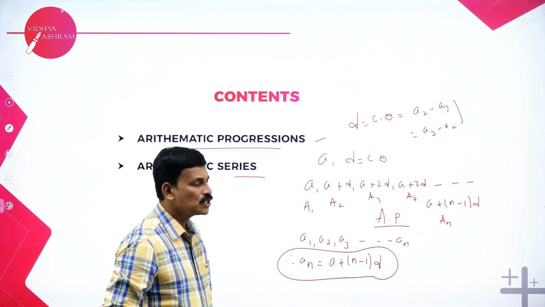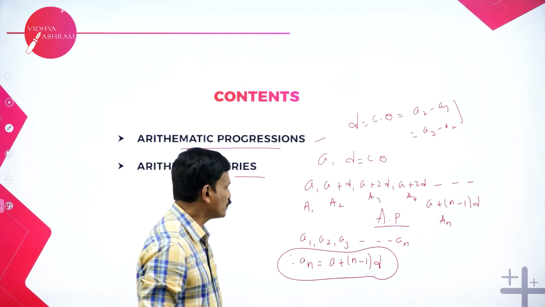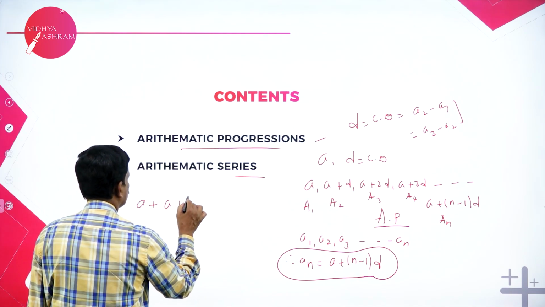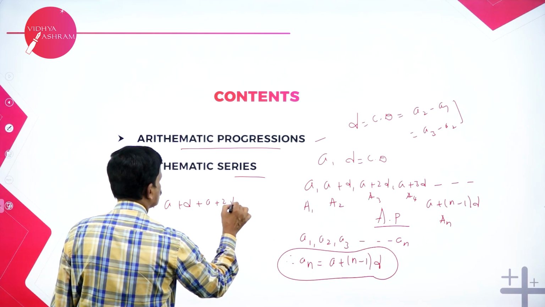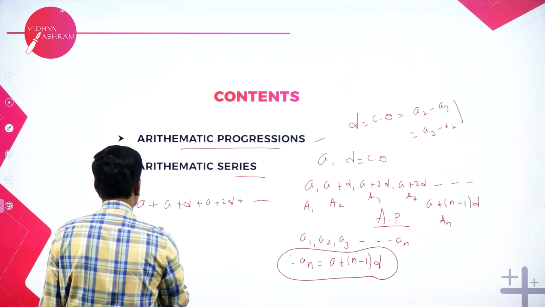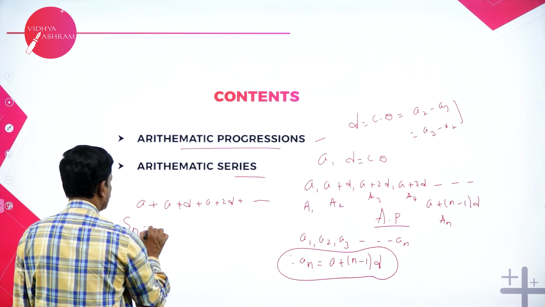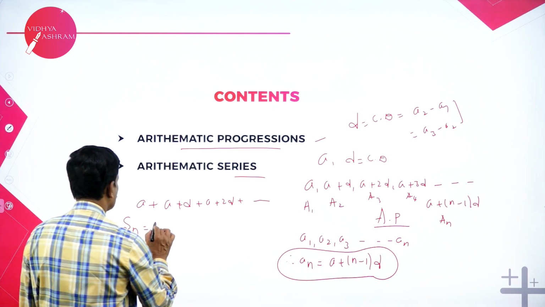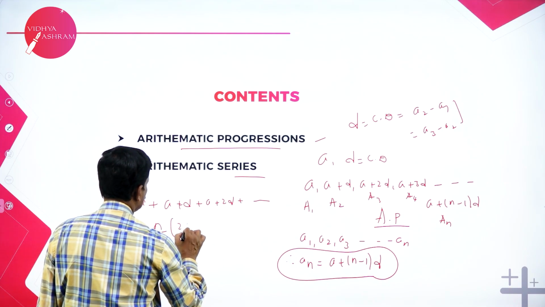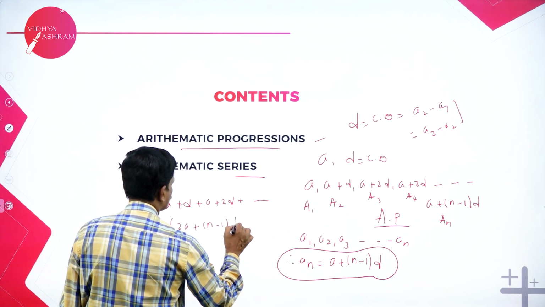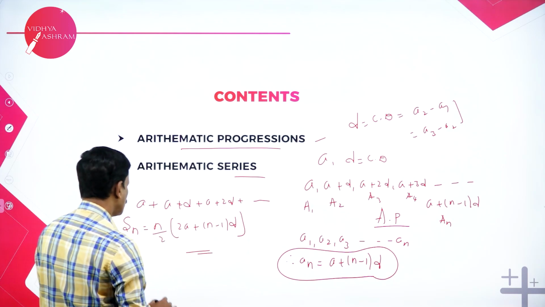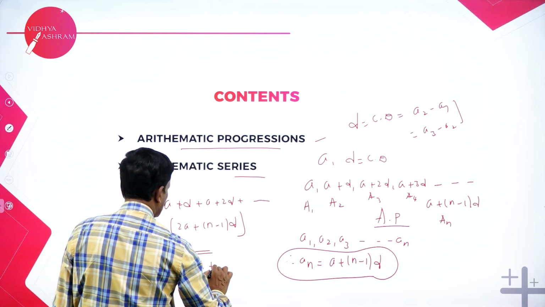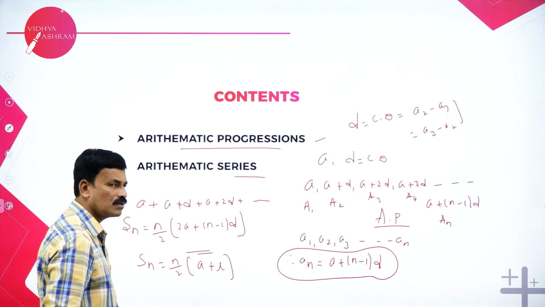Suppose you want to find the sum of all the n terms, A plus D plus A plus 2D plus etc. The sum of n terms in an AP, Sn, is equal to n by 2 into 2A plus n minus 1 into D. We can also write Sn as n by 2 into A plus L, where L is the last term.